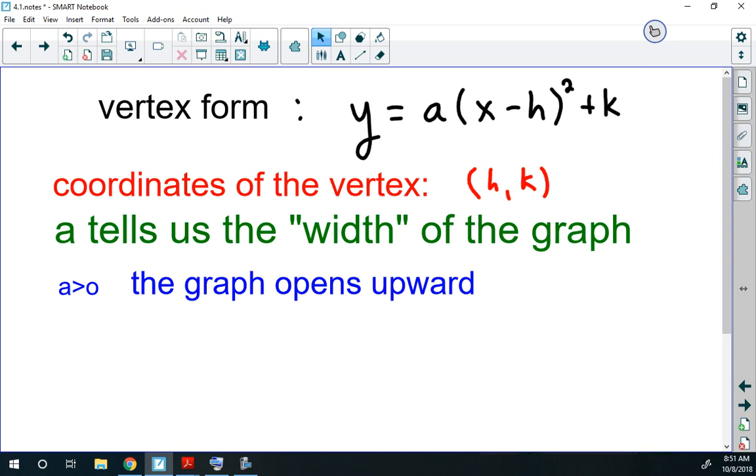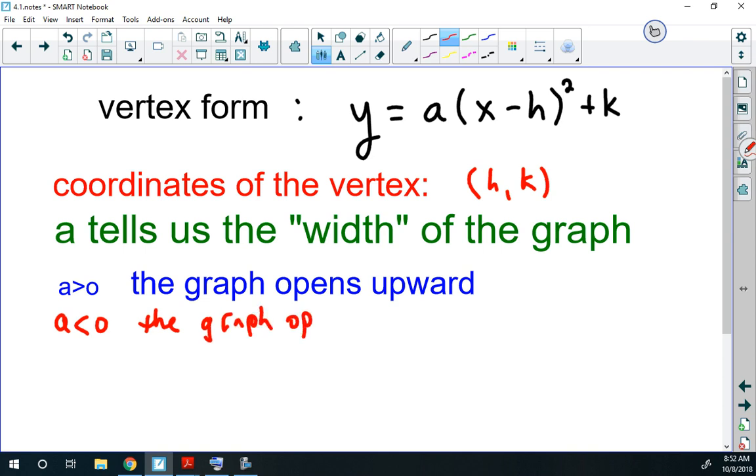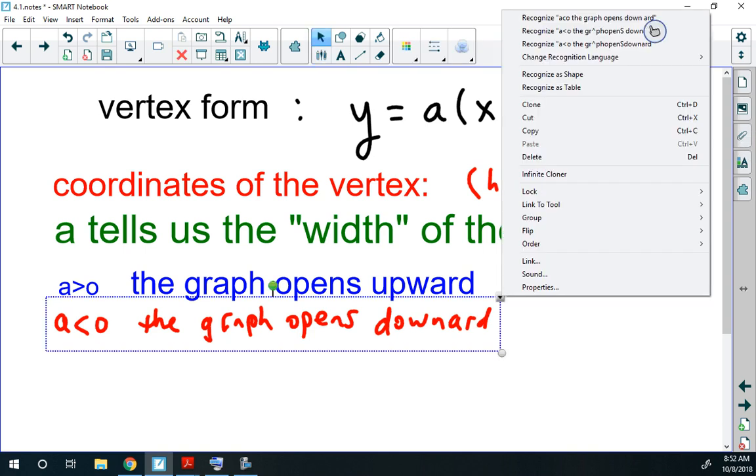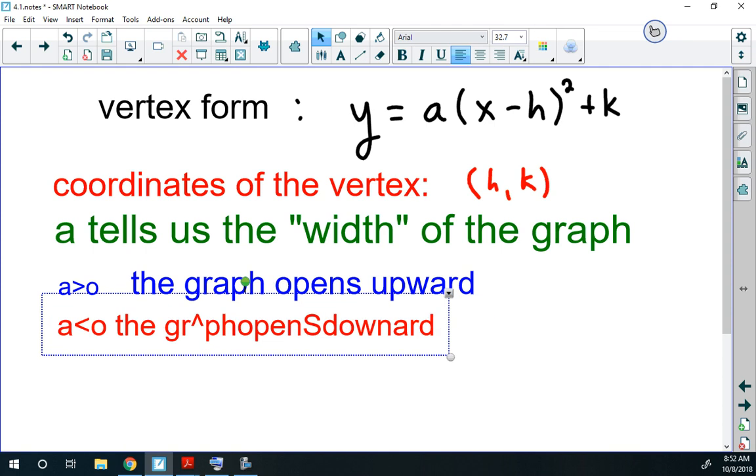What's the converse of that statement? If a is negative, then the graph opens downward. Perfect. Nice job. Awesome sauce. If a is negative, the graph opens downward. Let me try that again.